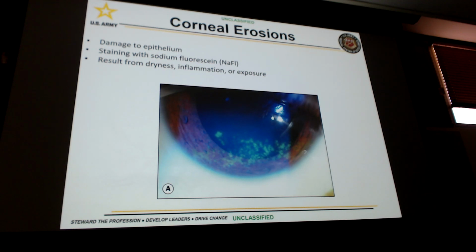So this patient probably doesn't have a complete blink. So that inferior third of the cornea is just constantly exposed and really dry. Okay. There's other inflammatory disorders that can cause that, but if you got a staining pattern like this on that inferior third of the cornea, that's probably due to an incomplete lid closure or lag ophthalmos.